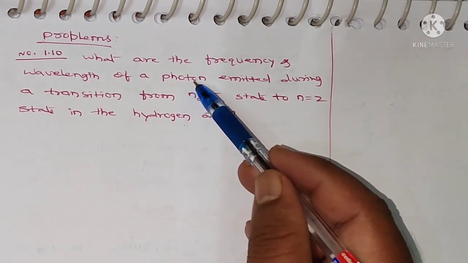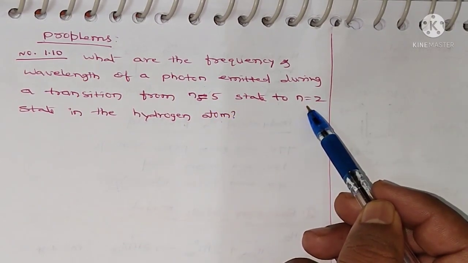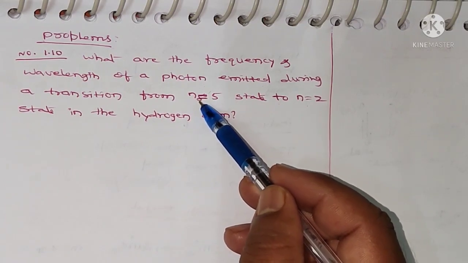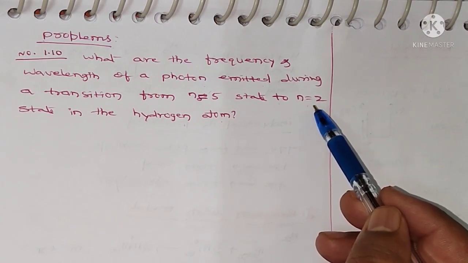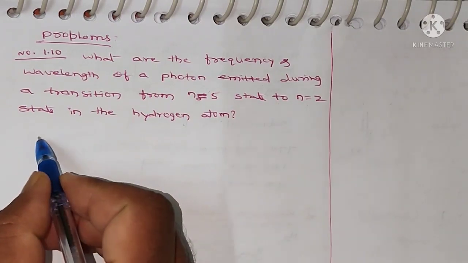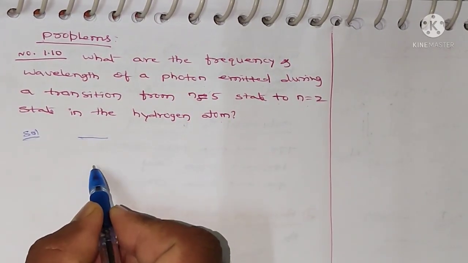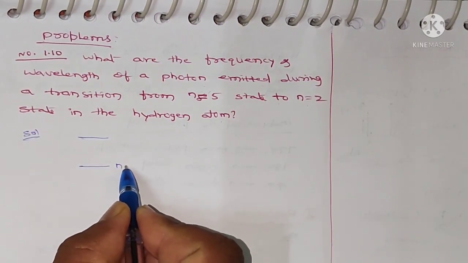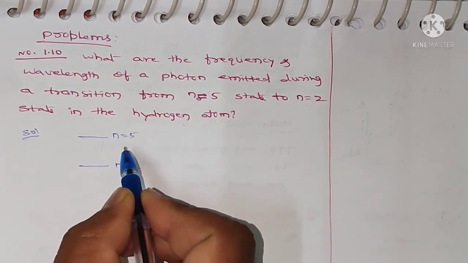So here the photon comes from the 5th state to the 2nd state. Means here the 5th state is the initial state and the 2nd state is the final state. So here n is equal to 2 and here n is equal to 5.